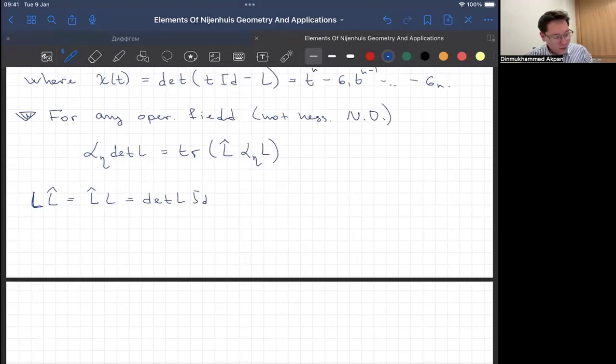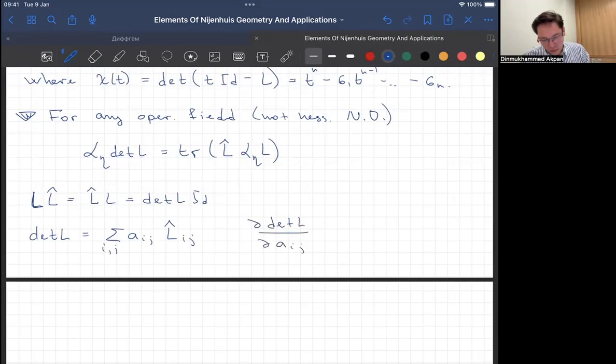For example, one way is like this: the determinant of L can be found as a sum over the entries times their minors. If you formally take the partial derivative with respect to an entry, it will be an element of our comatrix.